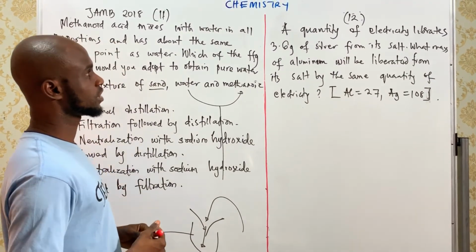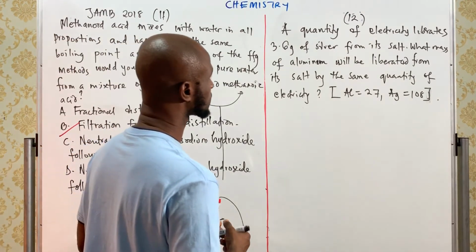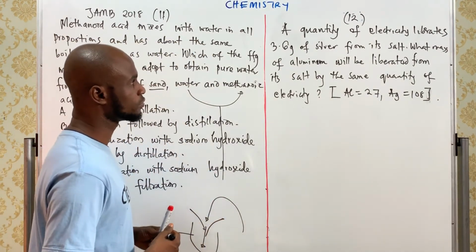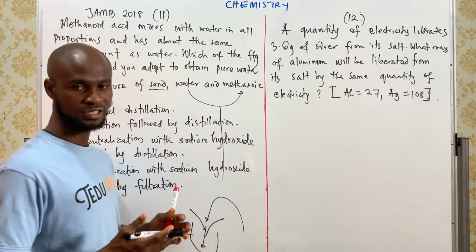Number 12, a quantity of electricity liberates 3.6 grams of silver from its salt. What mass of aluminum will be liberated from its salt by the same quantity of electricity?